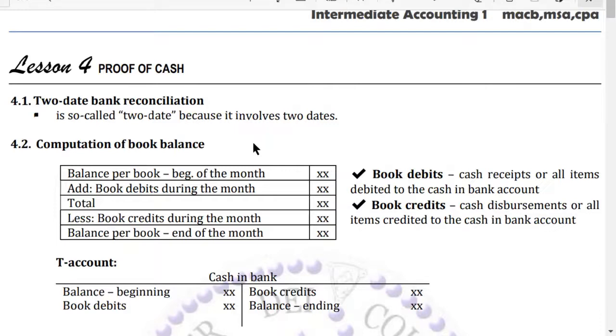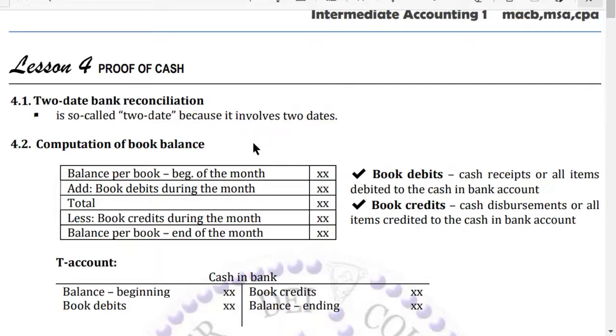on the bank side. So we need to know the reconciling items and also the necessary treatment for the reconciling items. For example, if we are reconciling in the bank side, we're using the balance per bank, and we want to get the adjusted balance per bank.